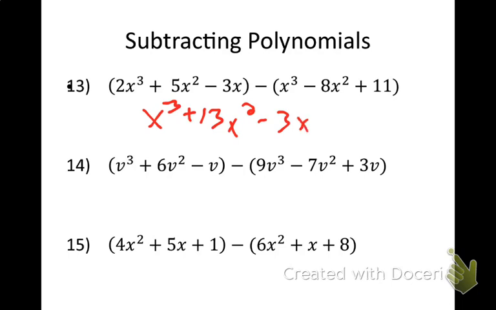Here's where students make their second mistake. A lot of them want to say plus 11. We're actually subtracting, so it's going to be minus 11. Okay? So recognize that that negative has to go to everything. And again, if you want to, you can change the subtraction to add and add all the opposites, and you're going to get the same exact answer. Okay, so some of you might want to just change all the signs and then get the same work.